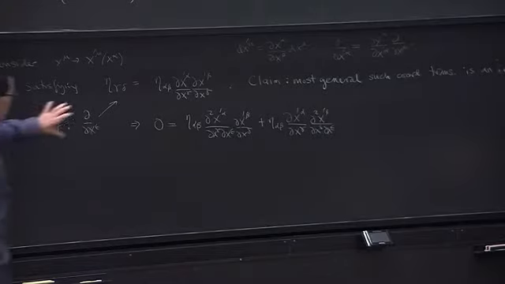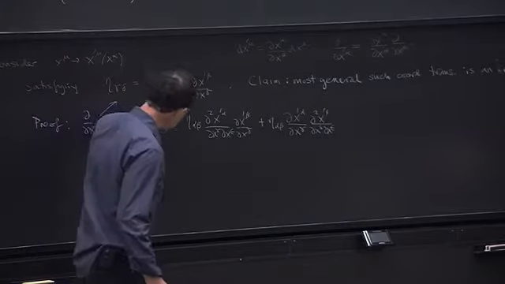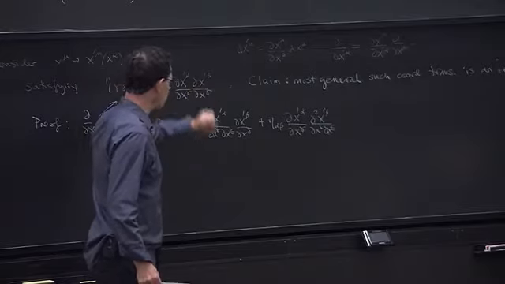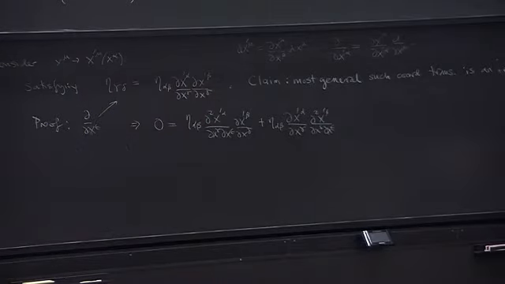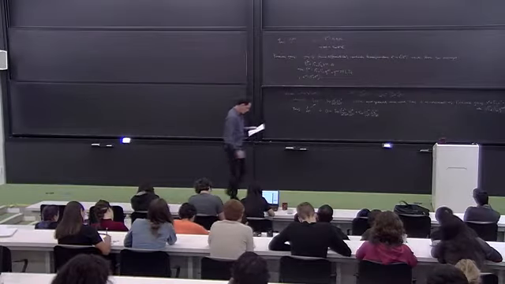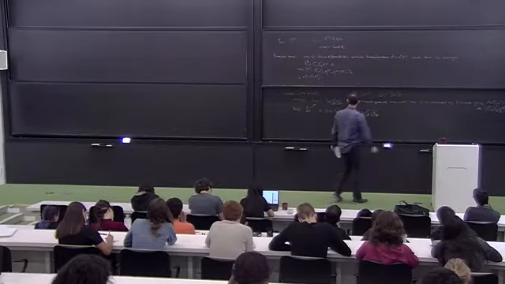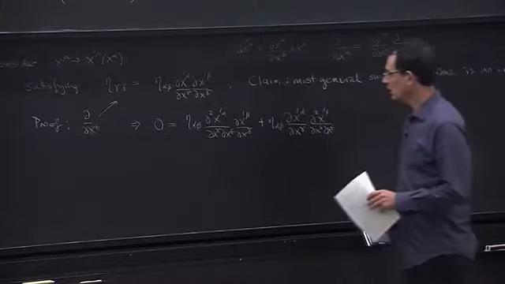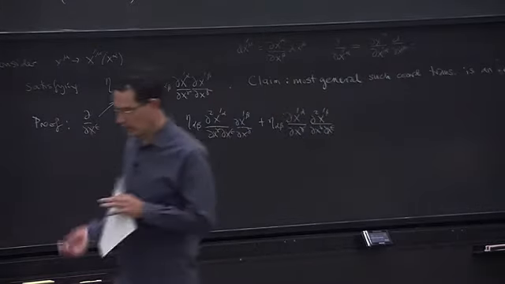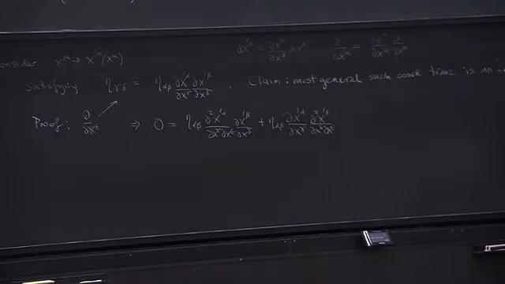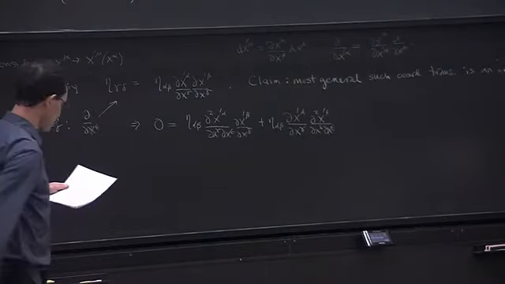Okay, so I just took d by dx epsilon of this term and then of this term, and these are the two terms. So that's 0. Now, what do I want to do? Well, I want to get a single equation for this d2 x prime dx dx, one equation which I can then solve. And this is rather complicated.